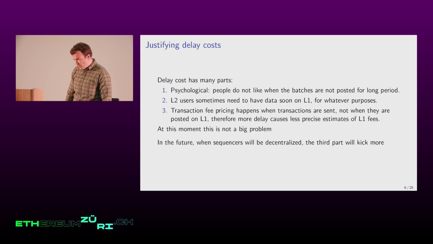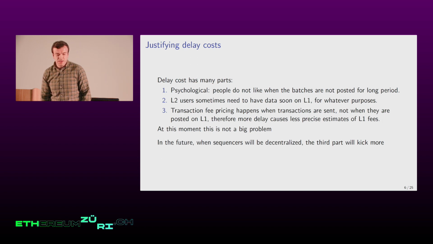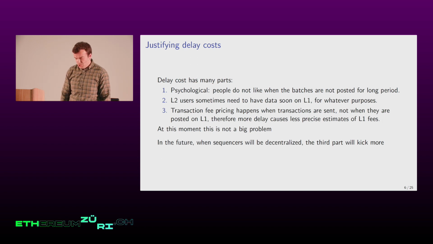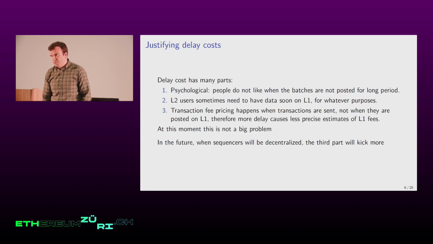Further justification of delay costs. First is psychological. When the users see that batches are not posted, they think that maybe the sequencer is broken, and that creates maybe some kind of panic. Another is L2 users, so rollup users. They may have preferences about how fast they want their transactions to be posted on the base layer.